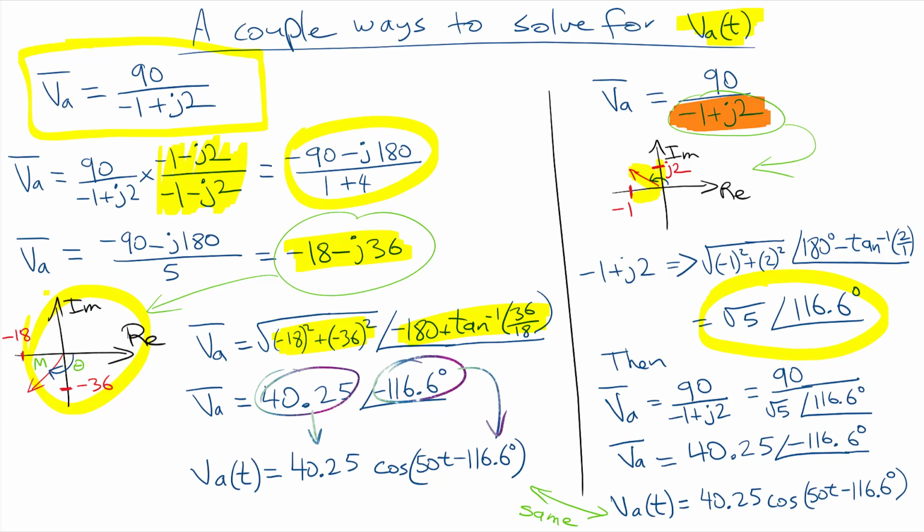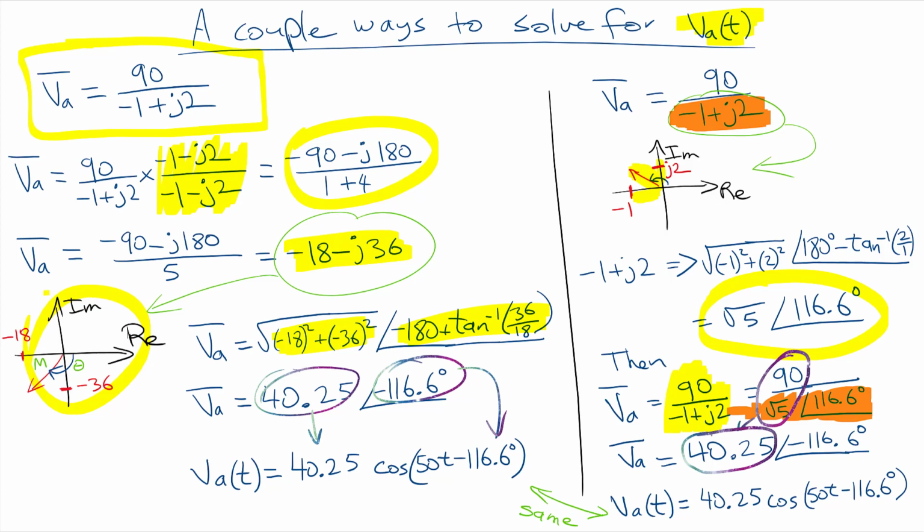So then, when we calculate 90 divided by -1 + j2, we can replace the denominator with that polar representation, and this 90 divided by the square root of 5 becomes 40.25.